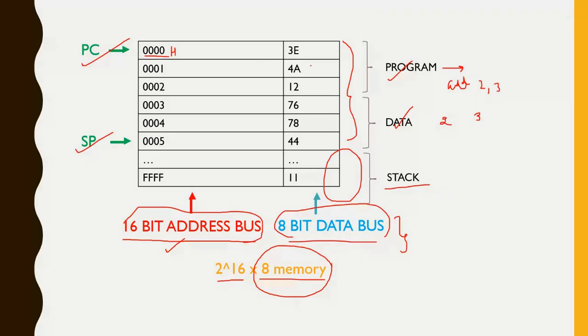So let's say the first address is 0000, and my program starts from this address, and the instruction is 3E. So my program counter will contain 0000. When this is executed, the program counter will increment, and the next instruction will be executed. Similarly, the program counter will again increment, and that will be executed, right?